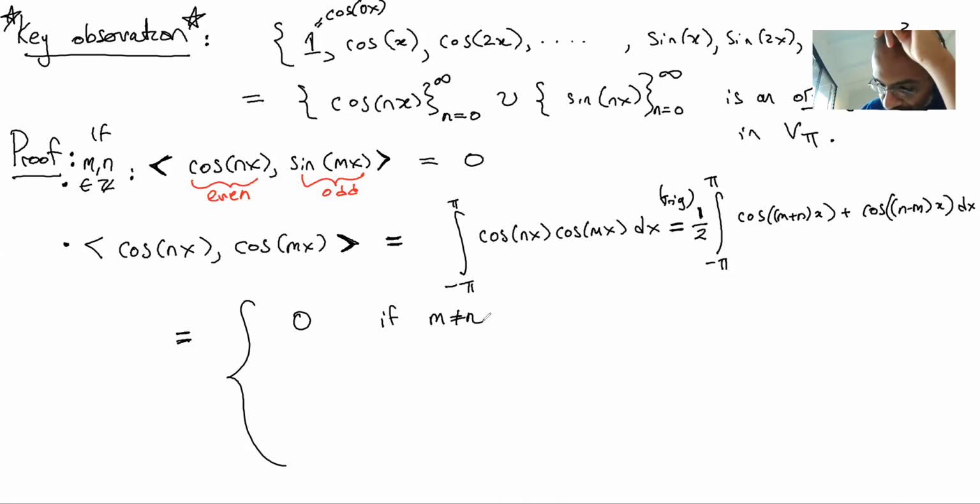Well, m and n are non-negative integers, right? So if m is not equal to n, then m plus n is not 0, and m minus n is also not 0, right? So both of these integrals become the integral of cosine kx for some k.